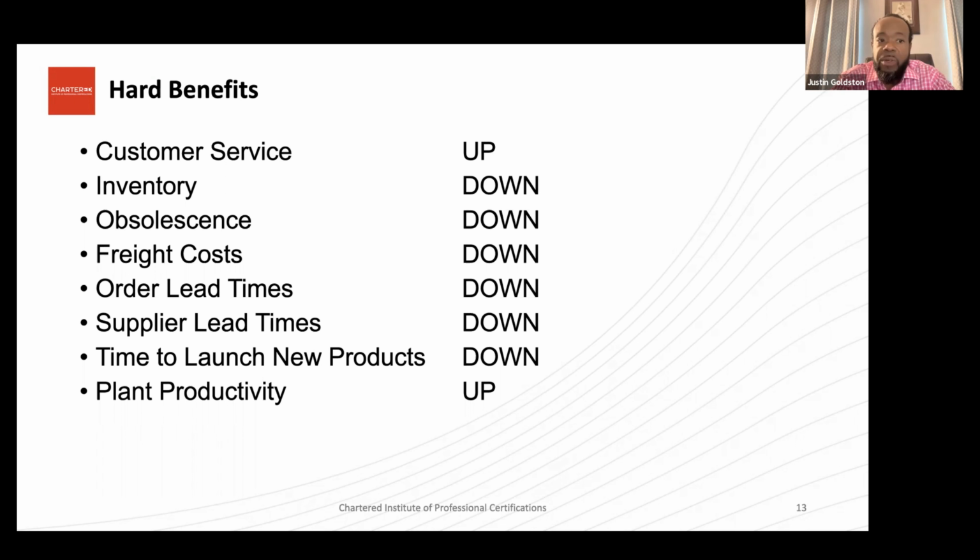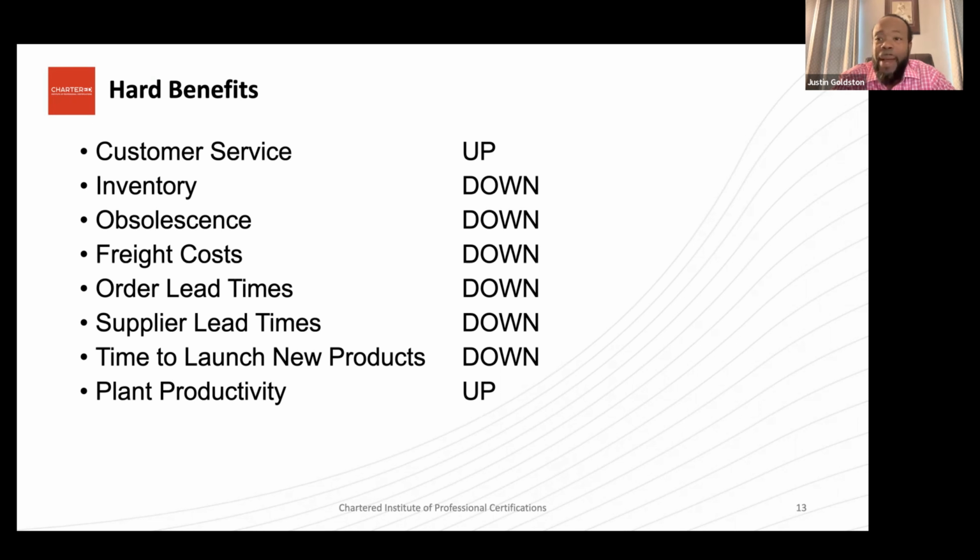That's also going to bring obsolescence down. Now, because all of these departments are working with each other, those freight costs will also come down, because we are mitigating the risk of overnight shipments and air freight, and things like that.